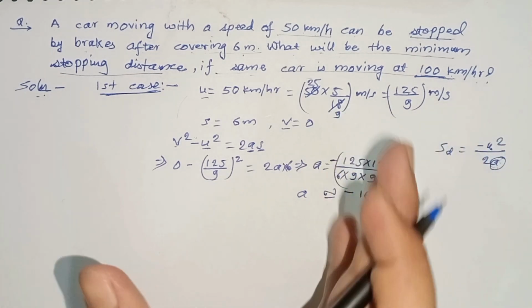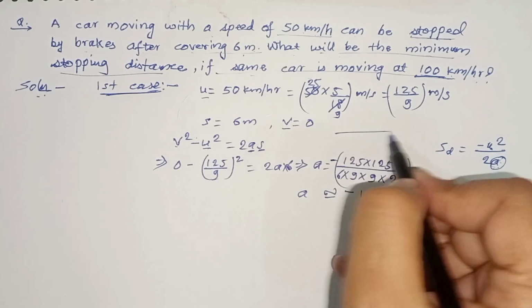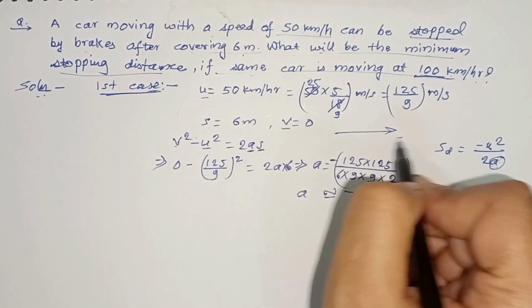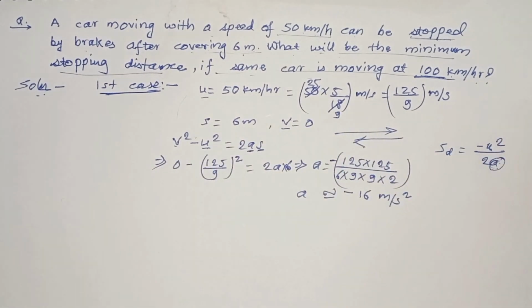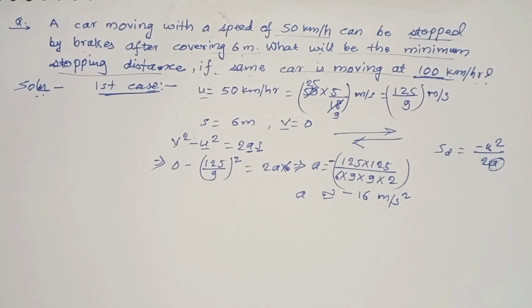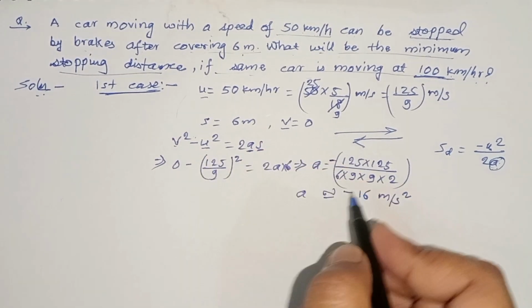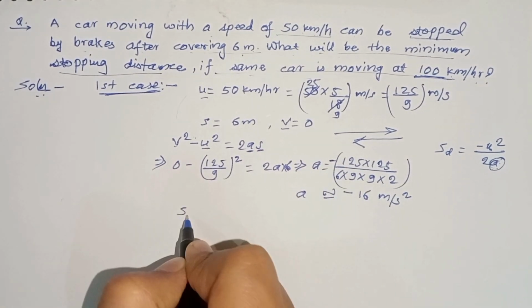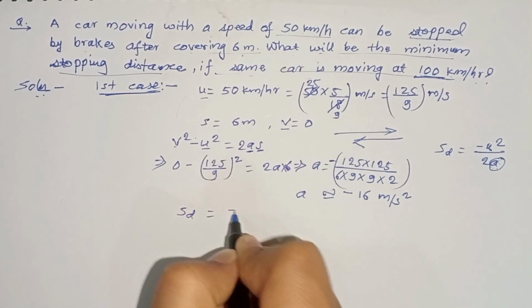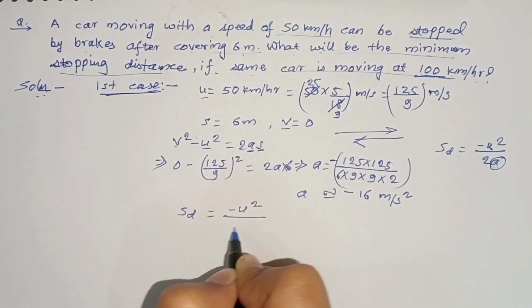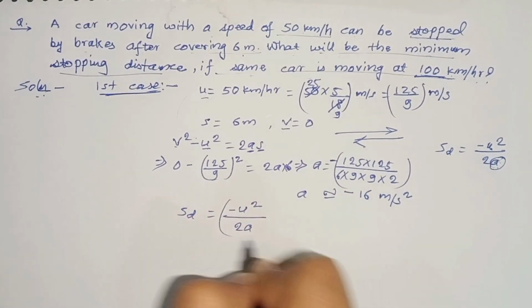The car is moving in this direction and this acceleration is working in the opposite direction to the motion, so the sign is minus here. Now the stopping distance is minus u square by 2a. We know that.